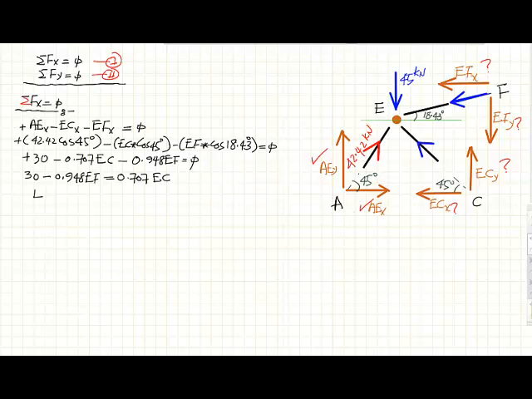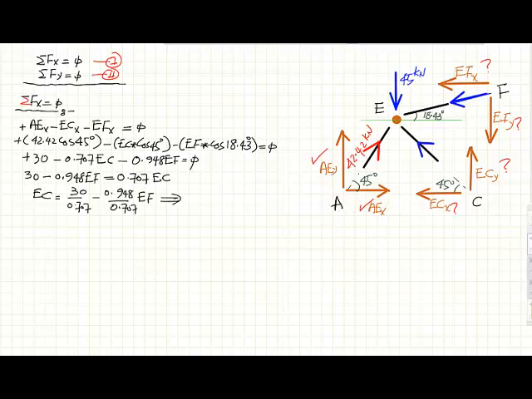So EC is equal to 30 divided by 0.707 minus 0.948 divided by 0.707, that is EF.